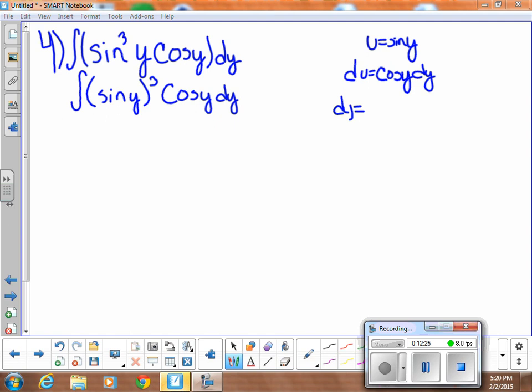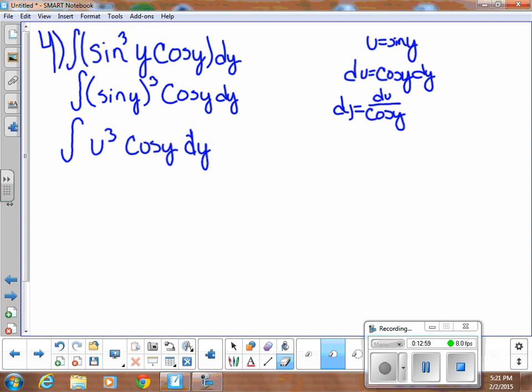So u equals sine y. The derivative of sine is cosine, and then we solve for dy, which is du over cosine y. So now let's come back and rewrite our integration with replacing u. So it's the integration of u cubed cosine y, and we're replacing the dy.